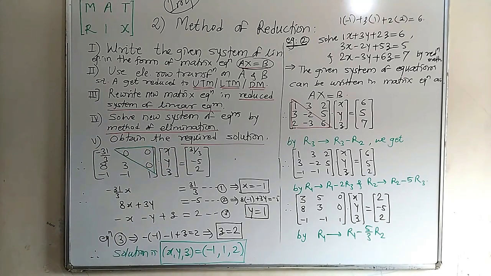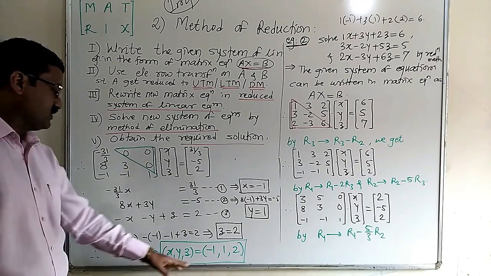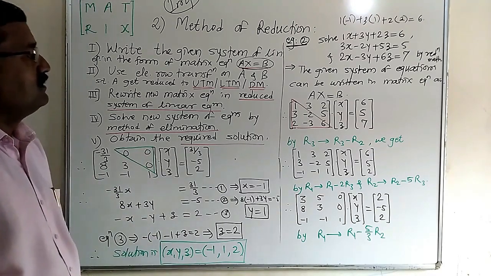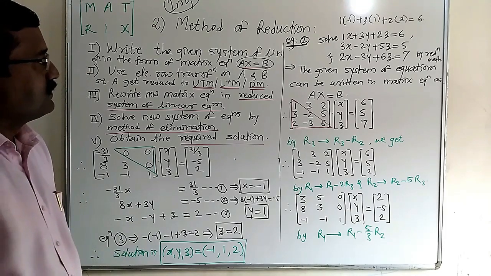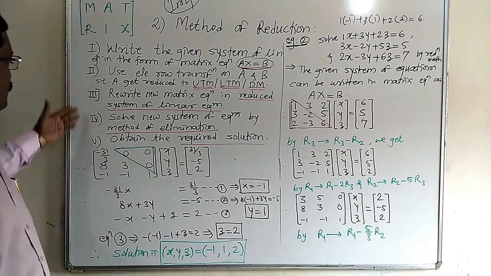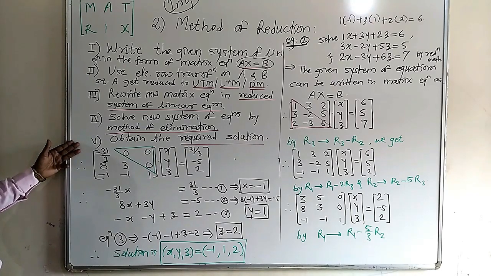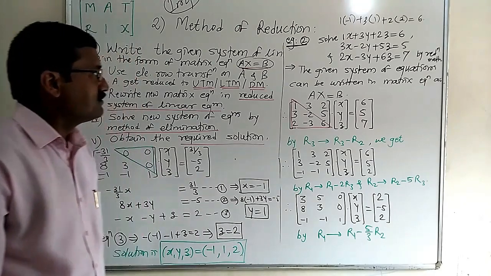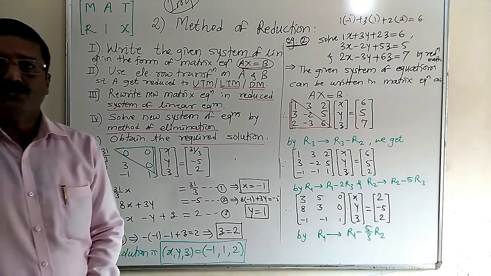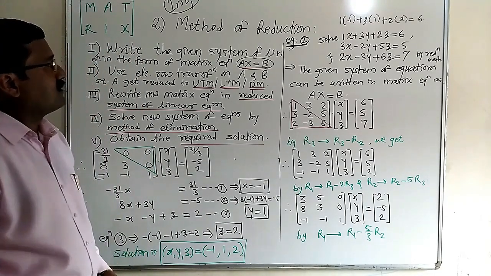So that is the solution of the given system of equations: x equal to minus 1, y equal to 1 and z equal to 2. So in this way, if you follow the method of these 5 steps, then you will reach the correct answer. Okay. So this much is our method of reduction.